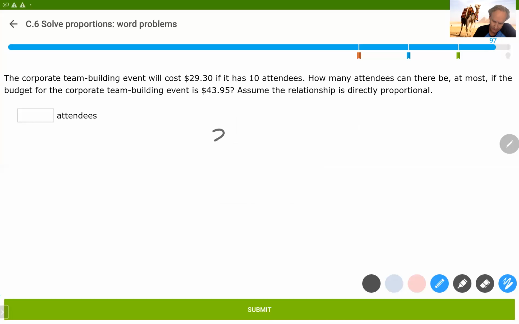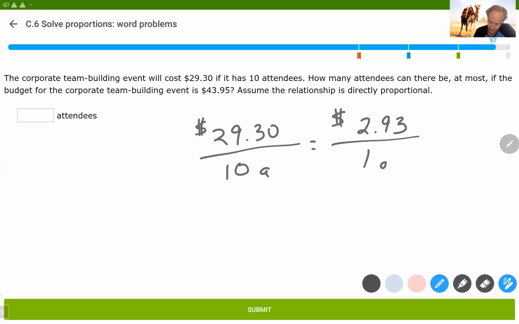$29.30 for 10 attendees means that each attendee is charged $2.93, an odd number, for 1 attendee. And we want to know how many attendees for $43.95. So I'm dividing 293. I'm going to ignore the decimals.